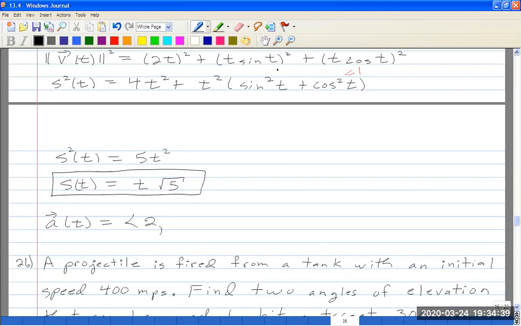The derivative of t sine t by the product rule: derivative of the first times the second plus the first times the derivative of the second. The derivative of t cosine t, again use the product rule: derivative of the first times the second plus the first times the derivative of the second. And so that's my acceleration.